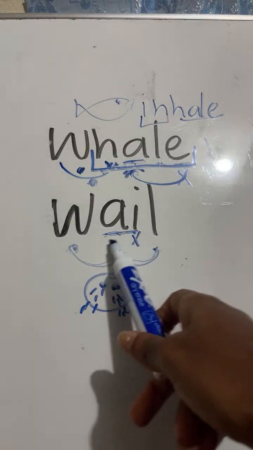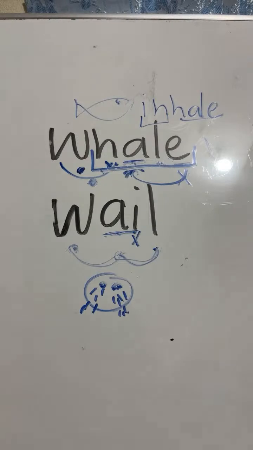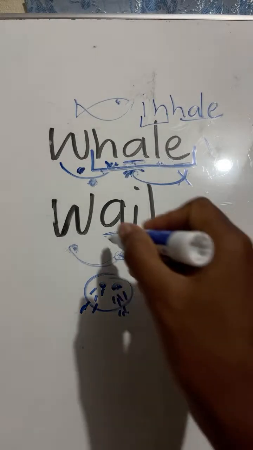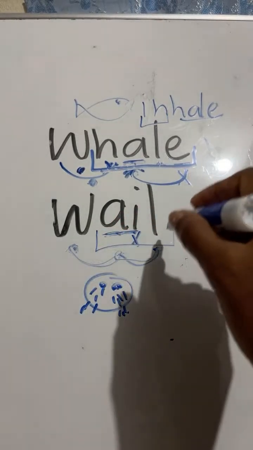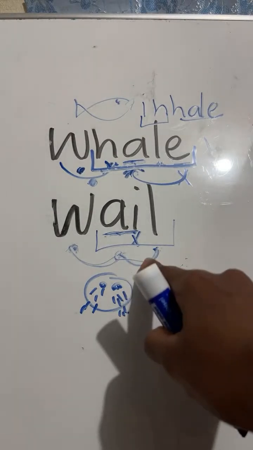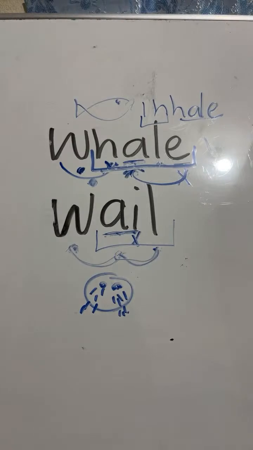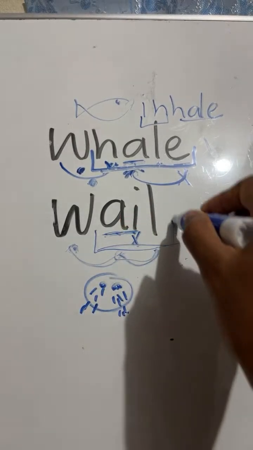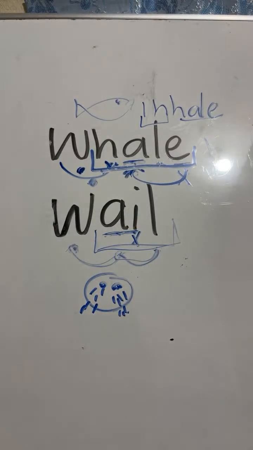The next one, wail, you can see ail in the word wail, as in the one where you cry. So like when you have an ailment, here you have ail, like ailment. With that one, you can realize that this is the word that means when you cry.